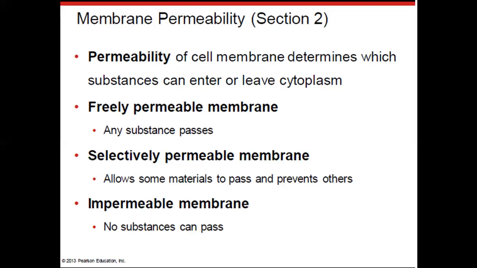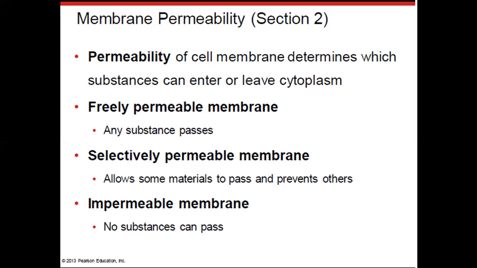Now we're going to talk about a particular property called membrane permeability. A membrane that is permeable allows certain things through and other things not. So permeability of the cell membrane basically determines which substances can enter or leave the cytoplasm, or the intracellular fluid.